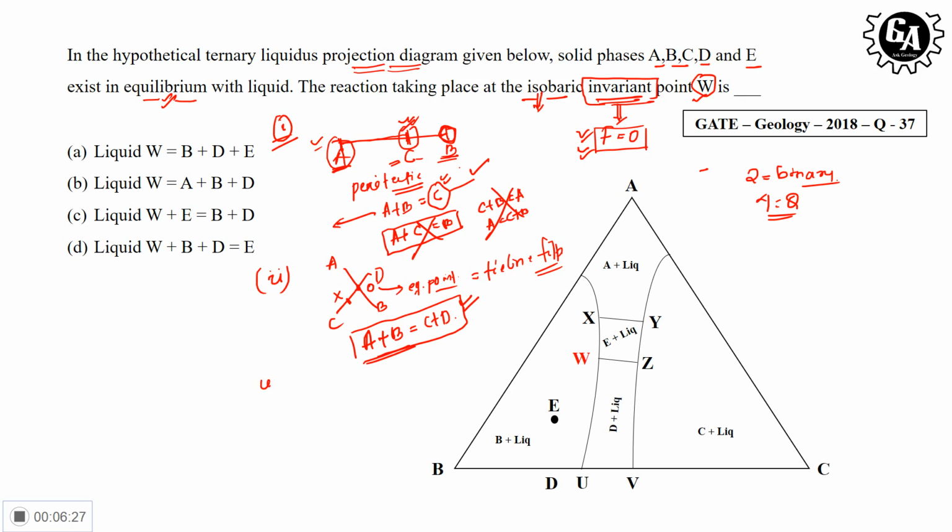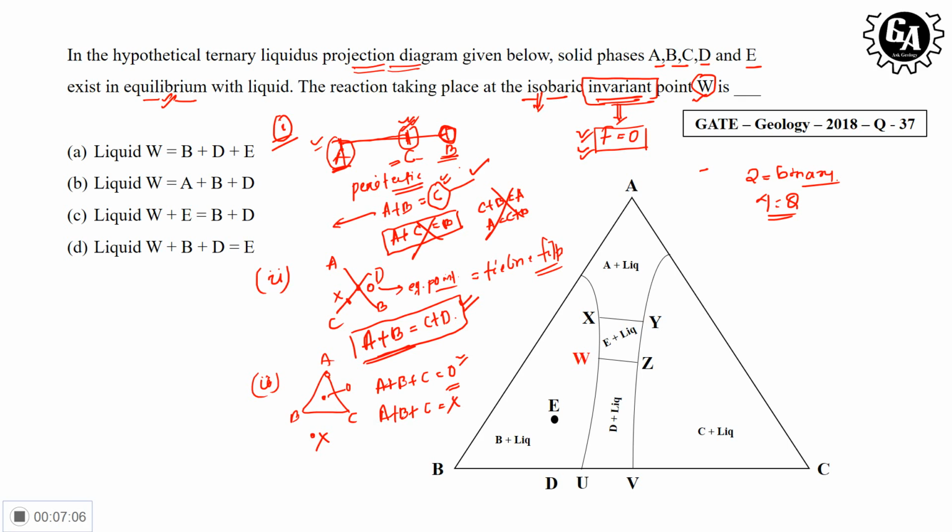And what is the third possibility? If I have three end members, let them be A, B and C, and my composition is falling in between them, let this be O, then I can represent the existence of O by using A, B and C. I can write down A plus B plus C is equal to O. I can define the existence of O with the help of A, B, C. If I take this point to be X, can I write A plus B plus C is equal to X?